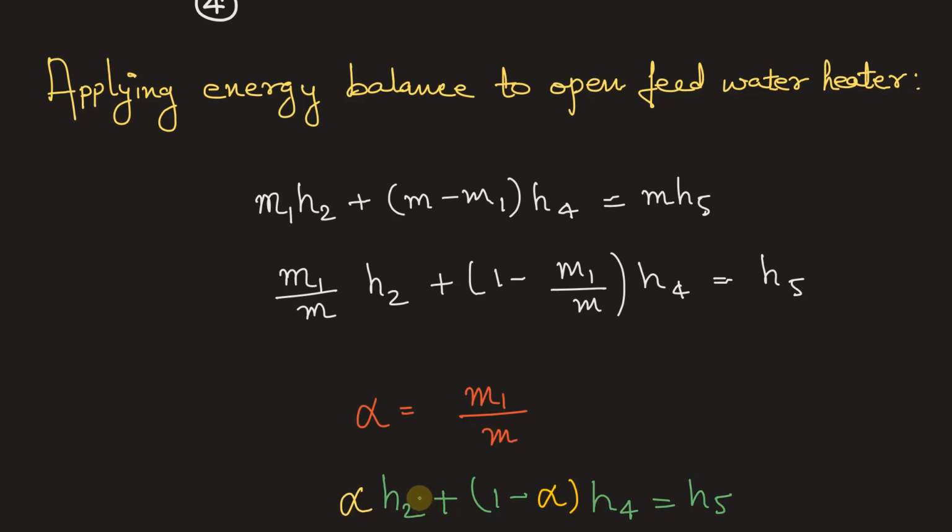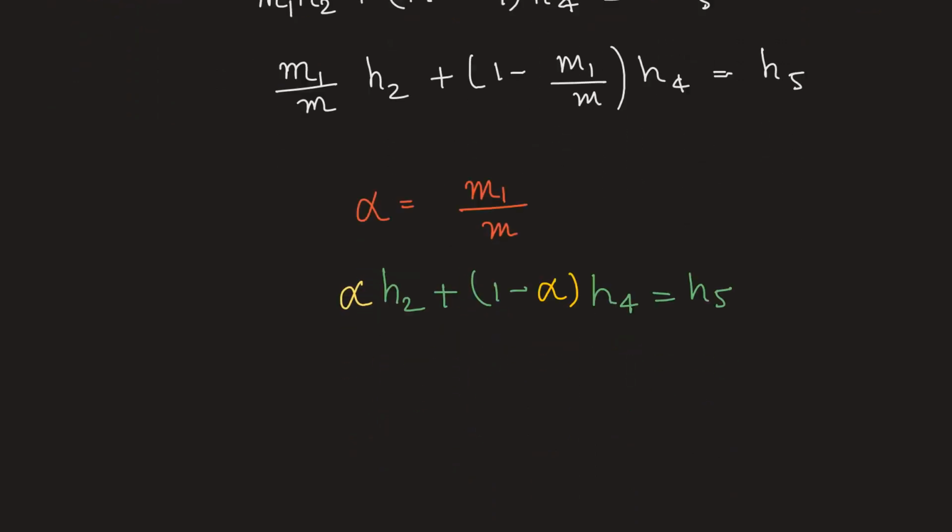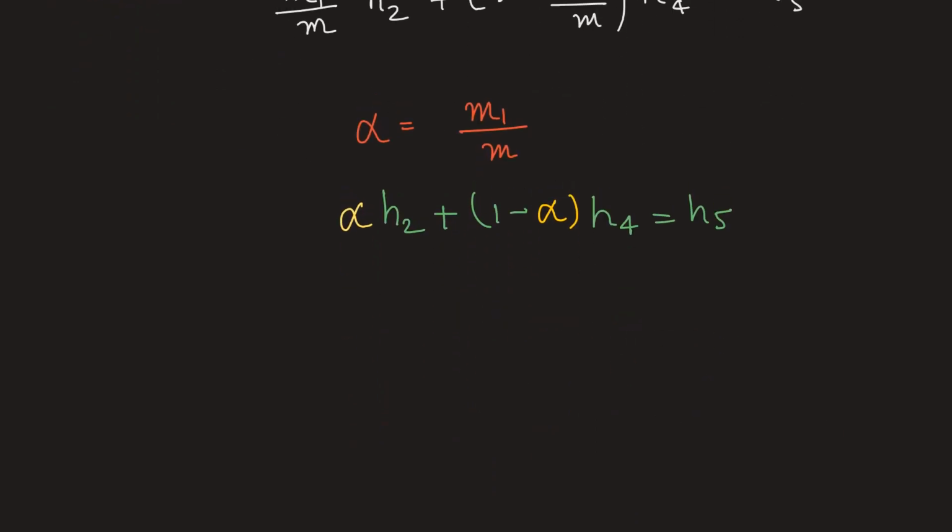Now the H2, H4 and H5 values are already given in the problem. So we can use these values to find the value of alpha. Alpha is equal to H5 minus H4 divided by H2 minus H4.